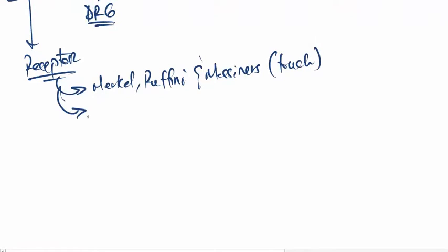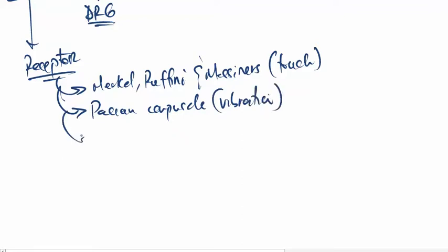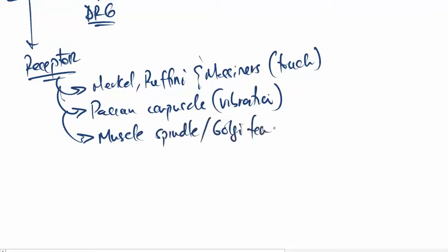Then you have your Pacinian corpuscle, which is for vibration. And then you have your muscle spindle and your Golgi tendon, which are for proprioception.